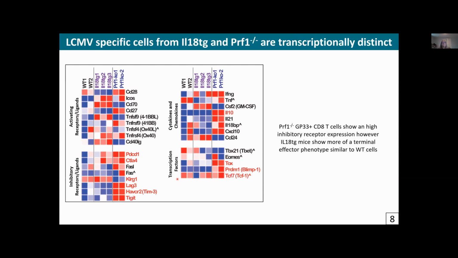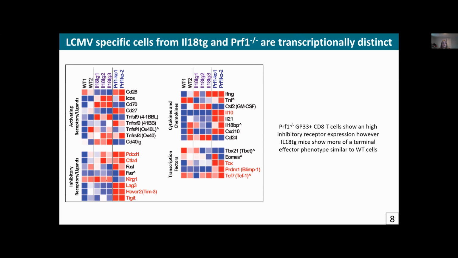And on the other hand, we have the IL-18 transgenic mice, which are showing much more of a terminal effector phenotype, which is a little similar to the wild type cells. And so this is shown by GM-CSF production, as well as TCF1, and again, KLRG1.